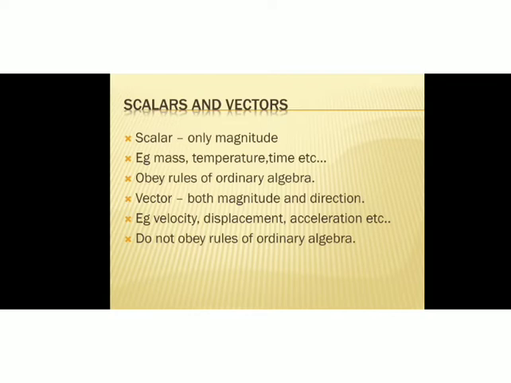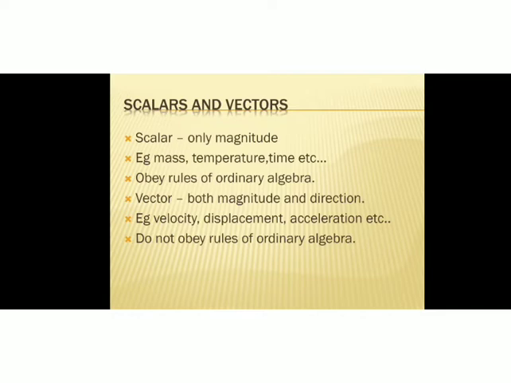For example, if the length and breadth of a rectangle are 1 meter and 0.5 meter respectively, then its perimeter is the sum of the lengths of the four sides. That means it will be 2 into L plus B. So the length of each side is a scalar and the perimeter is also a scalar.